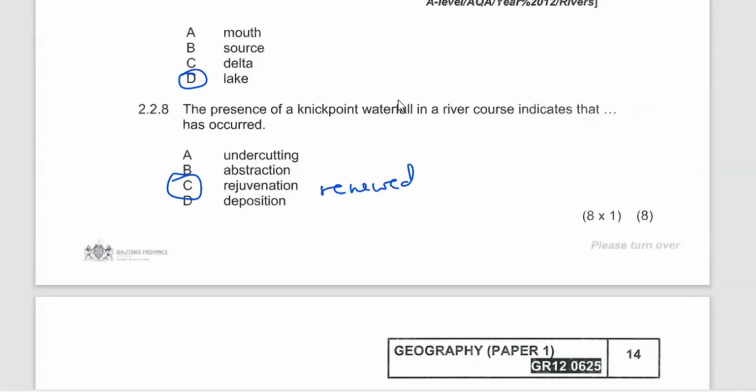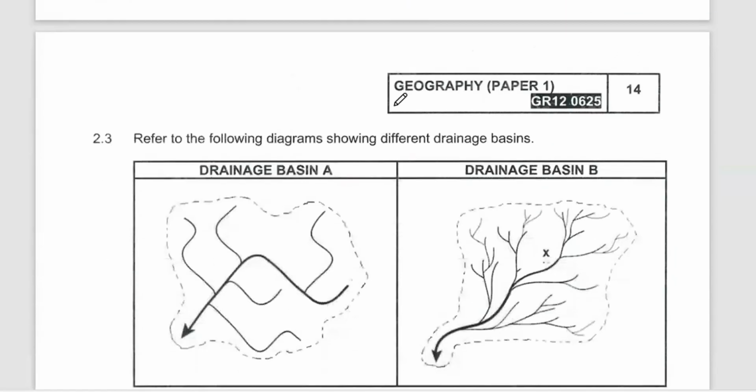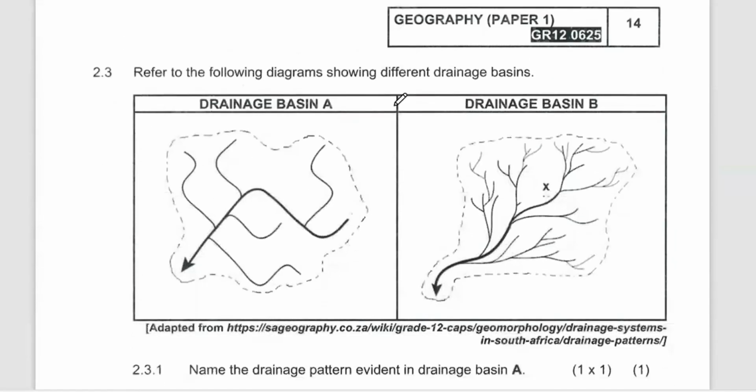As it erodes, and if it reaches a point where there is a hard and resistant rock, it will fail to erode it effectively, and there will be the formation of the nick point waterfall. So ultimately, it's because of rejuvenation that the river has the nick point along the river channel. Right, moving on to the next question, which is question 2.3.